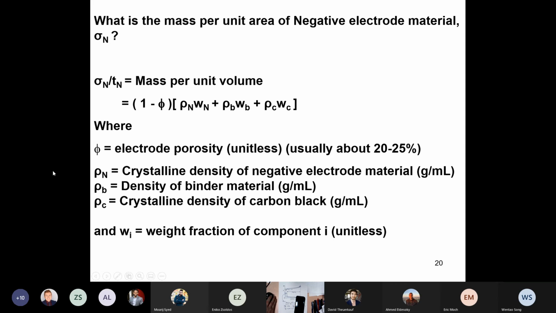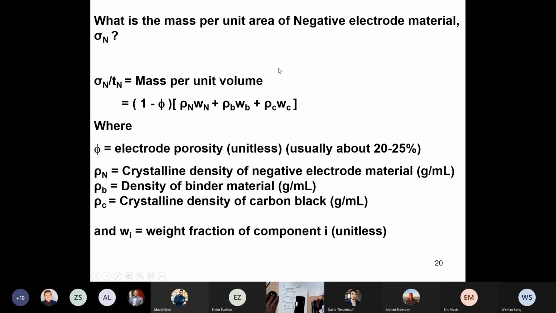And then you do the same thing for the negative electrode. Same exact thing. You want to know the mass per unit area of the negative electrode? You work out the mass per unit volume. Density of the negative electrode material times the weight fraction of the negative electrode material, density of the binder, weight fraction binder, density of carbon, weight fraction carbon, multiplied by 1 minus porosity.